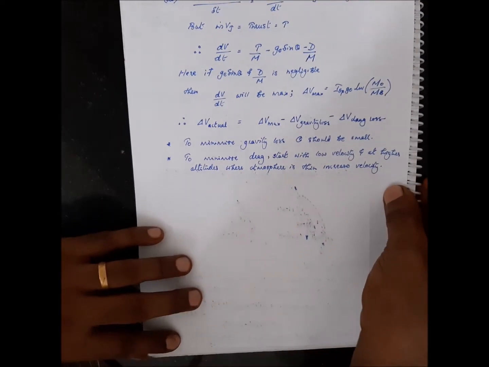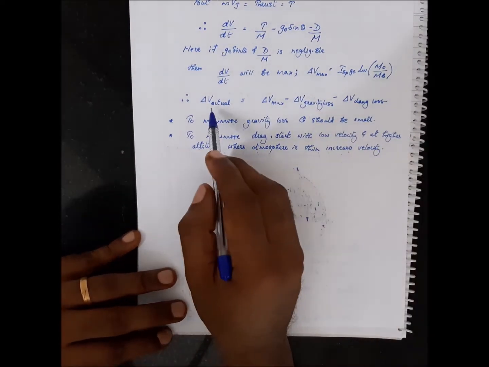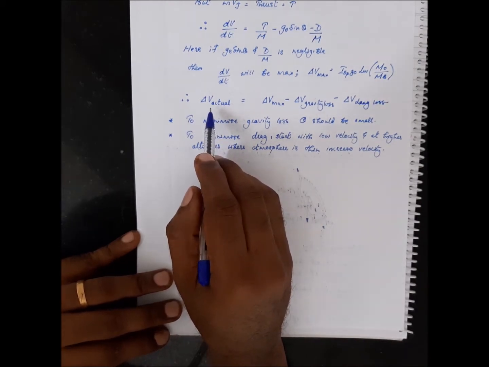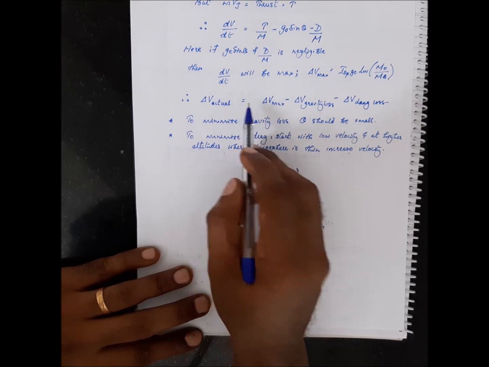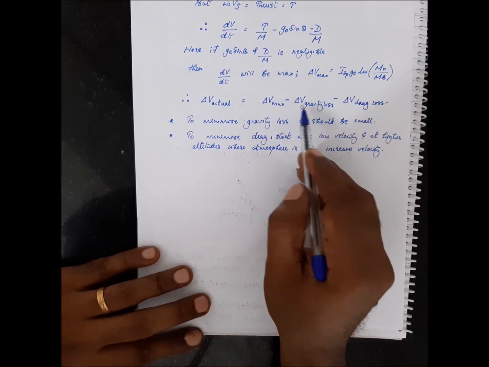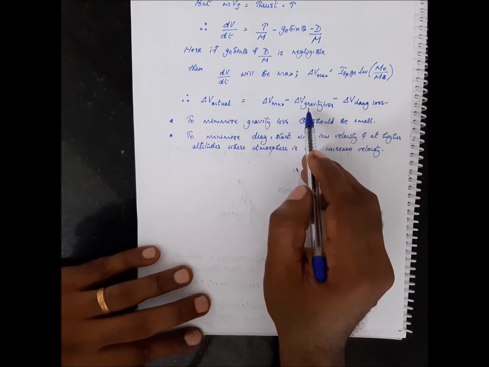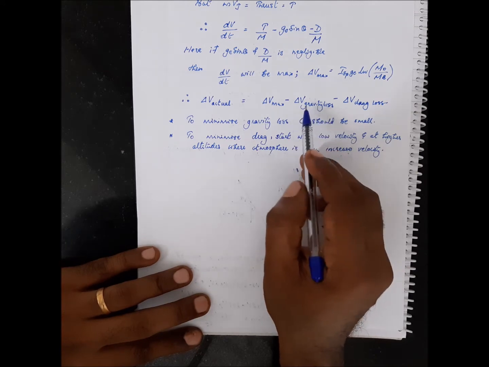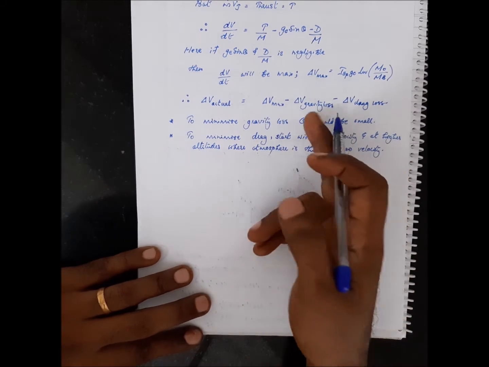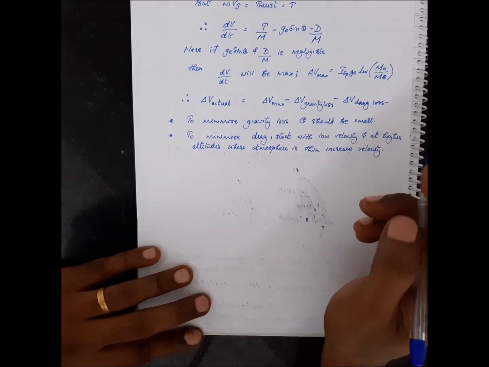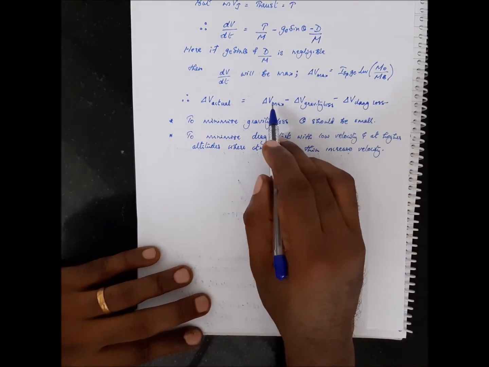Whenever you consider the drag force and gravity force as negligible, your delta v becomes maximum. That is an ideal case, not an actual case. The actual velocity increment you get is equal to the maximum velocity increment minus the delta v due to gravity loss. Because of gravity you have a pulling back force, with a component acting along the path, and that reduces your velocity increment.